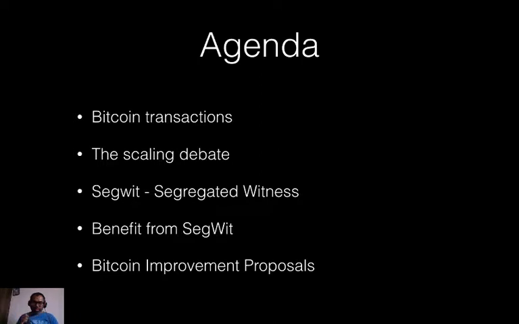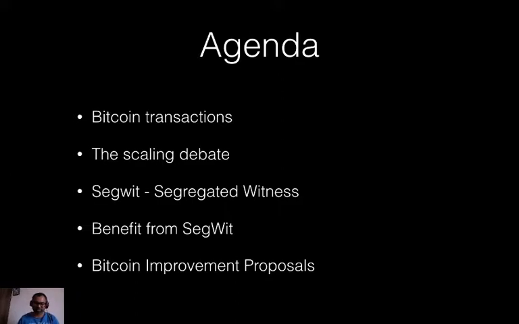So the agenda for today's session is Bitcoin transactions, the scaling debate, SegWit details or introduction to SegWit, which is also called segregated witness, its benefits, and also I will be giving the Bitcoin improvement proposals that were key to the implementation of SegWit.